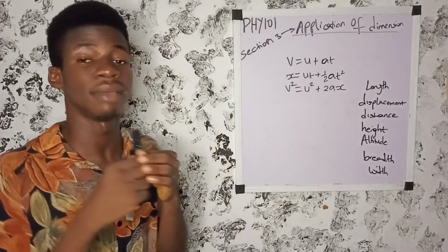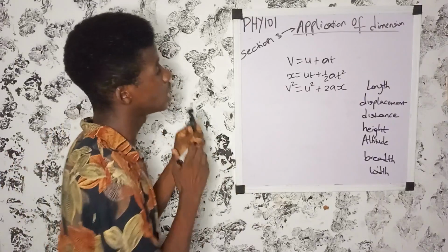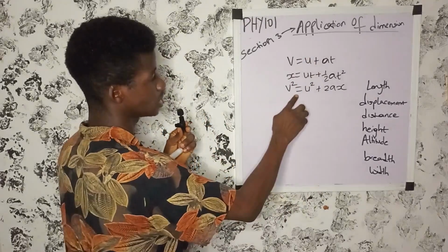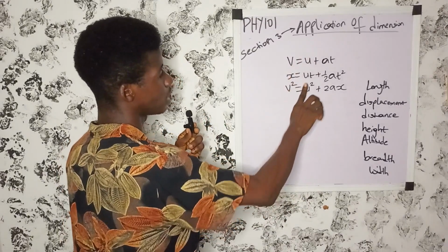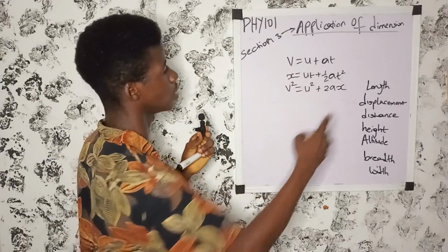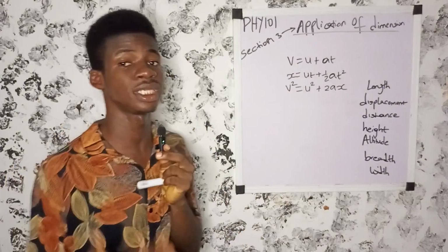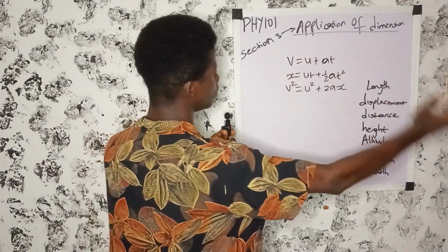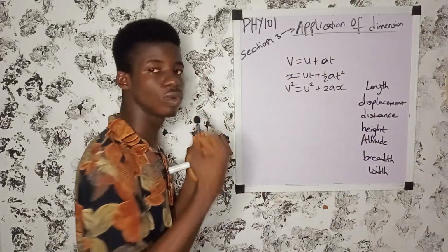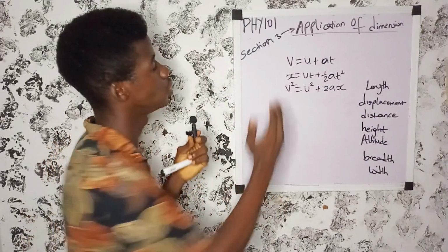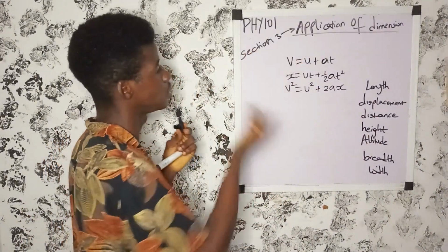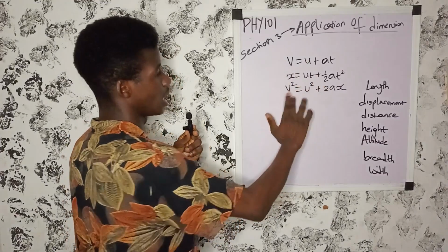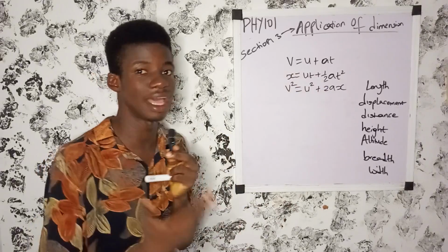Now, how do you know if an equation is correct? An equation is dimensionally correct when the right-hand side of the equation, which is the part after the equal to sign, is equal dimensionally to the left-hand side of the equation.